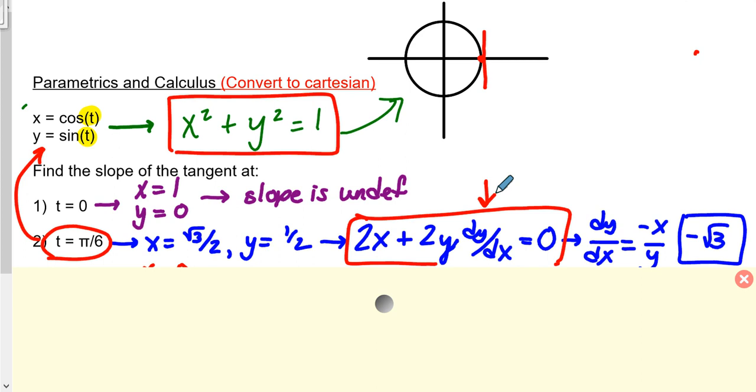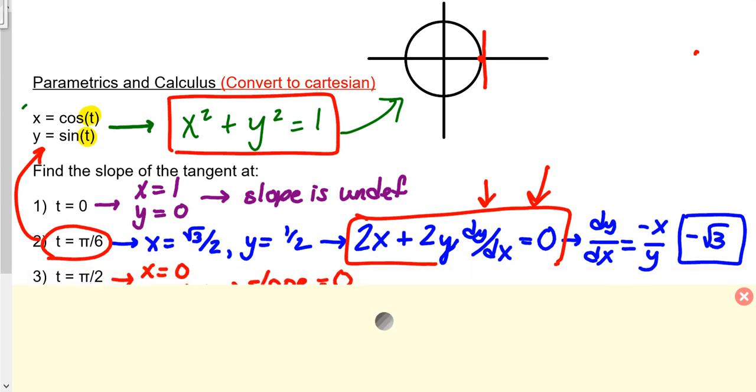On the previous term, technically you could write dx over dx, but that doesn't really matter. That's going to be 1. The rate of change of x with respect to x will be at a rate of 1. Then you can isolate the dy dx in the expression that I put the red box around over here, and get the opposite of x over y to get the slope, or the dy dx, and that is negative root 3.